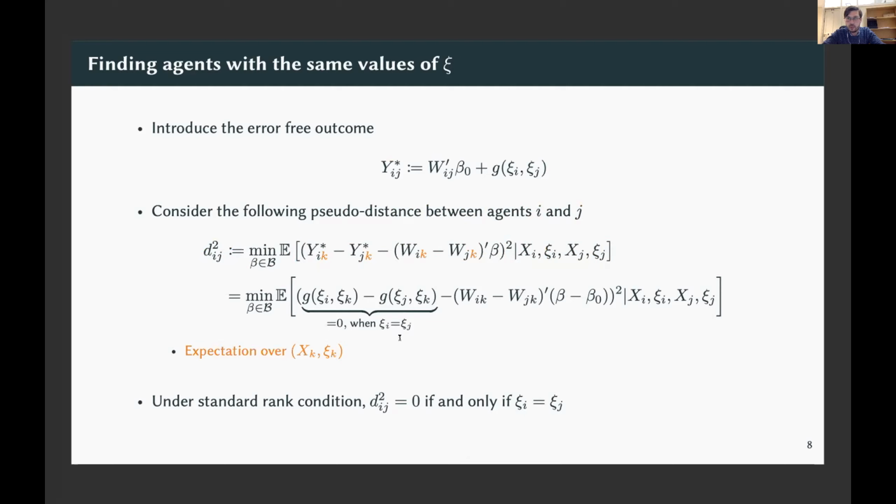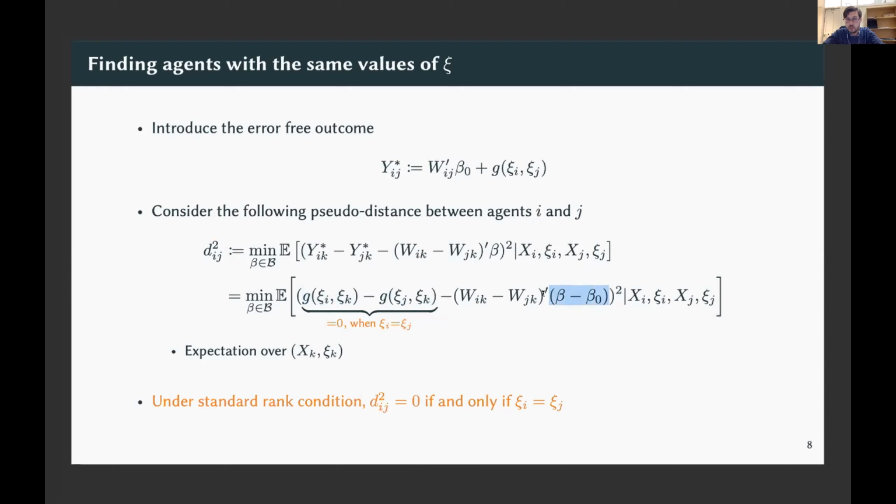So the question is, why do I care about this pseudo distance? It turns out that it is informative about how close these agents i and j are to each other in terms of their unobserved characteristics. Specifically, you can see that if x_i equals x_j, then this difference associated with this G function is also going to be gone.